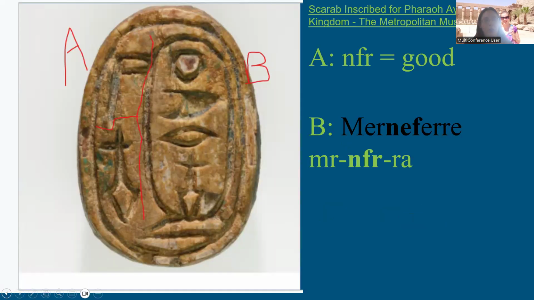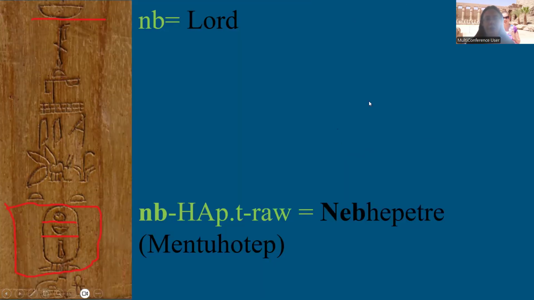because over time, Egyptian rulers acquired multiple names. So for this ruler, one of his names was Mentuhotep, the second, and that's the name that he's most well known by. But one of his other names, which is the name in the cartouche here, is Neb-Khep, or Neb-Khep-e Tre.